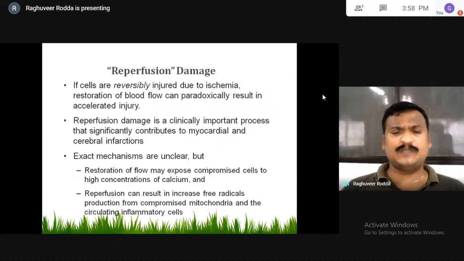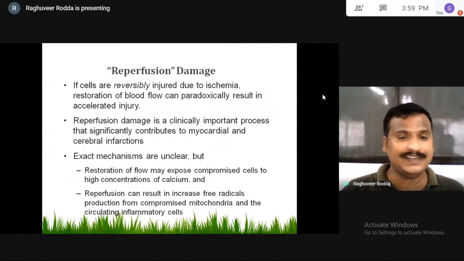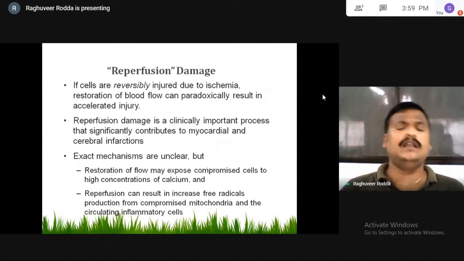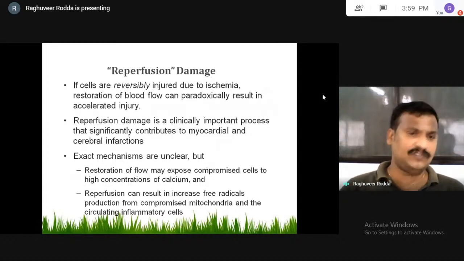Reperfusion damage is very important especially for the reversibly injured cell, which encounters a condition called reperfusion.